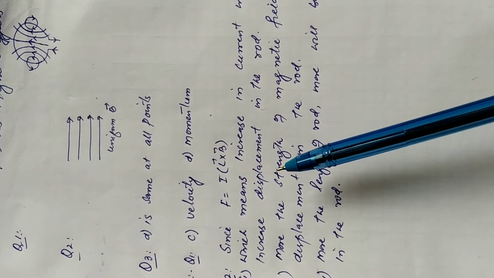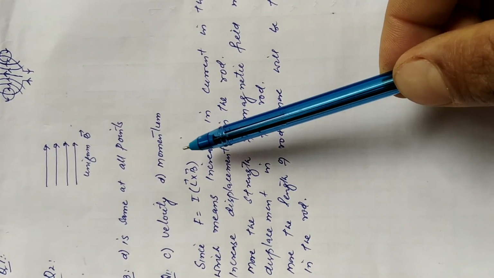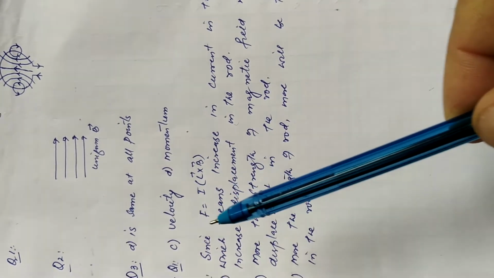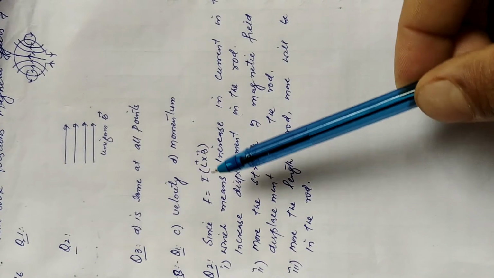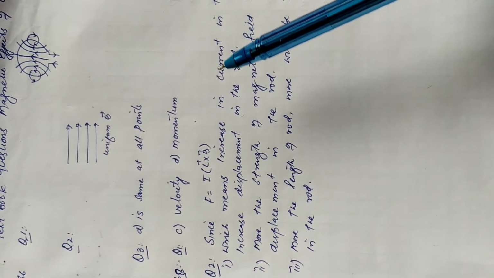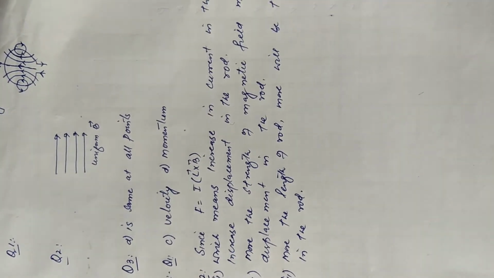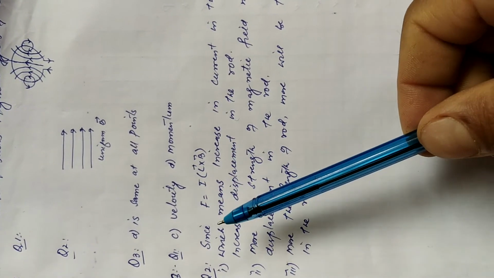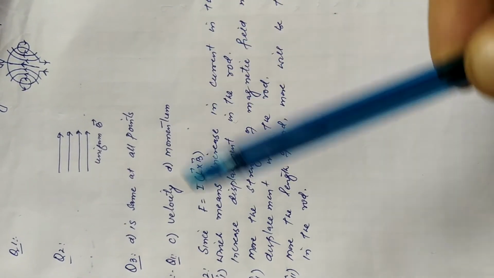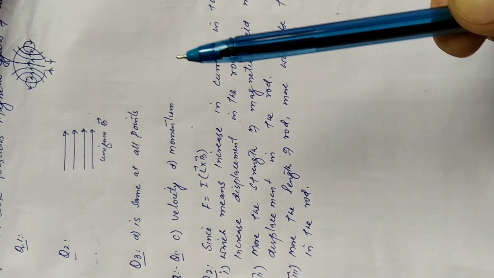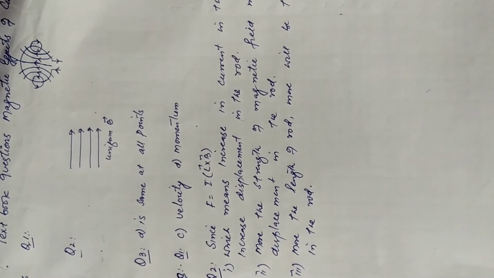That force is always given by F is equal to I into L cross B. A part states that if the current in the rod is increased, F is directly proportional to I, so the force will automatically increase.